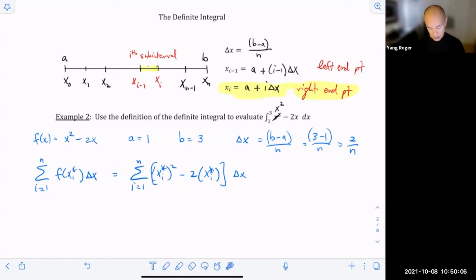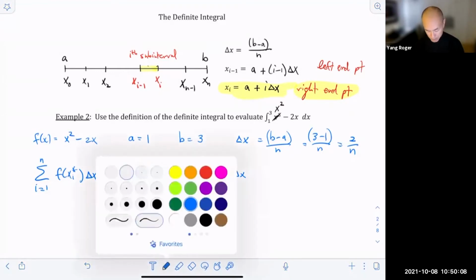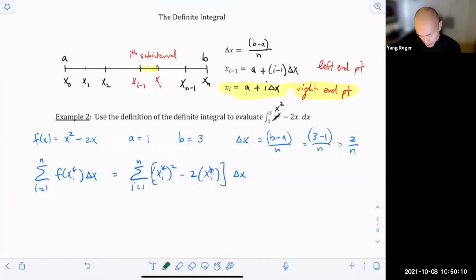Okay, great. Now, based on what we said earlier, xi star, if we use the right endpoint, and maybe I should mention we're using the right endpoint, is equal to a plus i times delta x. For us, the a value is 1, and my delta x was 2 over n. So this would be 1 plus 2 over n times i.